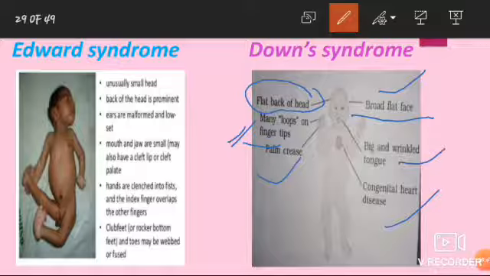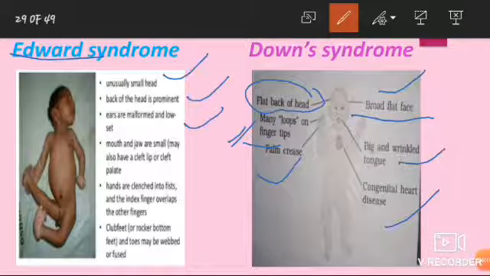And the next one is Edward syndrome. Edward syndrome occurs due to trisomy of chromosome number 18. That means an additional copy of chromosome number 18 is present. That is trisomy of 18. In this syndrome, the symptoms are: head is small, back of the head is prominent, ears are malformed and low set.